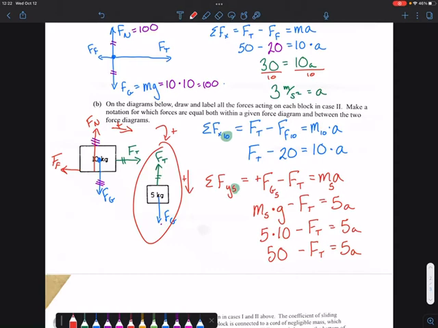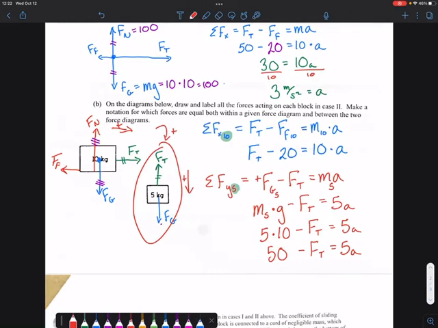And put a little 5 after this, so you know that. So then this is FG of the 5, so put a little 5 there. This is mass of the 5, put a little 5 there. Because I don't want you to think that these two are the same.